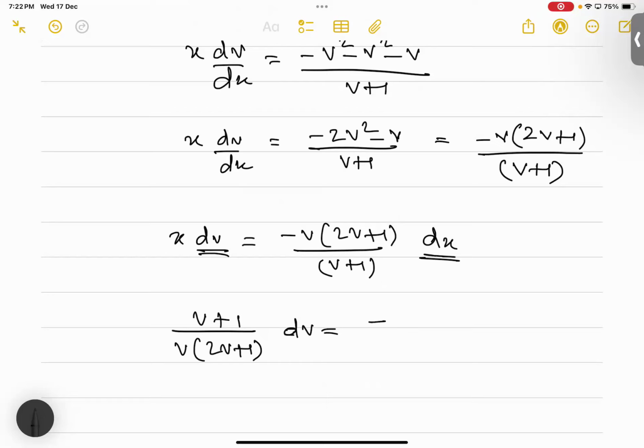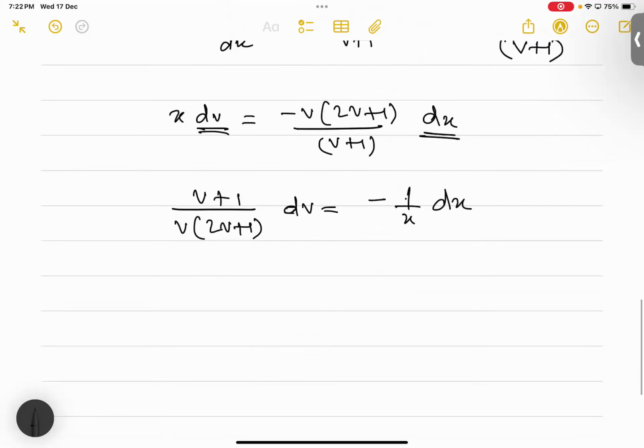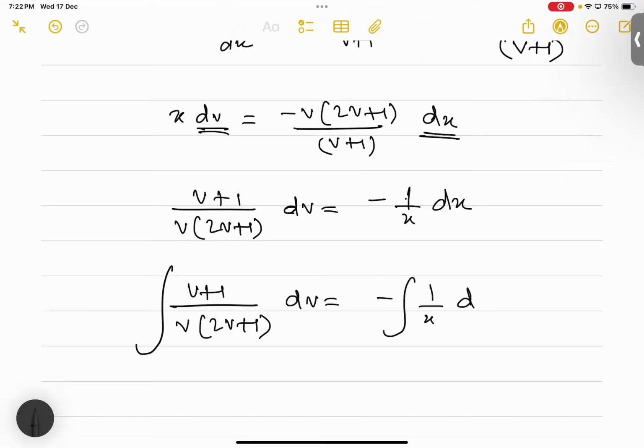So I'm just keeping that minus sign or any constant over there, right hand side में. Right? Minus what? Good. 1 upon x dx. Now integration of v plus 1 upon v into 2v plus 1 dv, minus sign outside, integration of 1 upon x. Right?